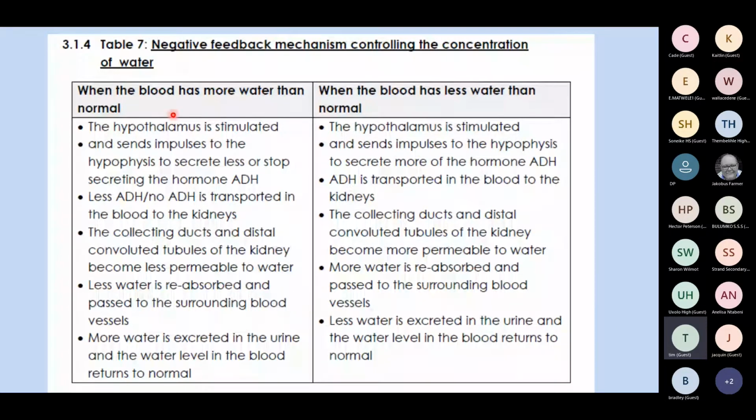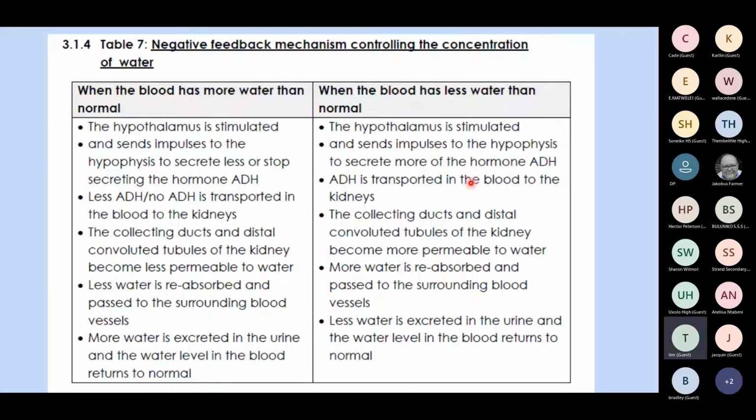Be careful with this description. If there's less water than normal, which gland? Hypothalamus, part of your brain. It sends an impulse to your hypophysis, which secretes which hormone? ADH. ADH will go to which target organ?